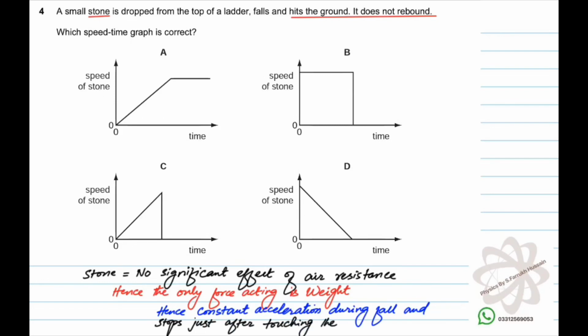And it does not rebound, so after striking the ground the stone just stops and there is no velocity of the object in the opposite direction. That's why the correct answer should be C. Constant acceleration, and then after striking the ground, immediately at rest, no speed, no velocity.